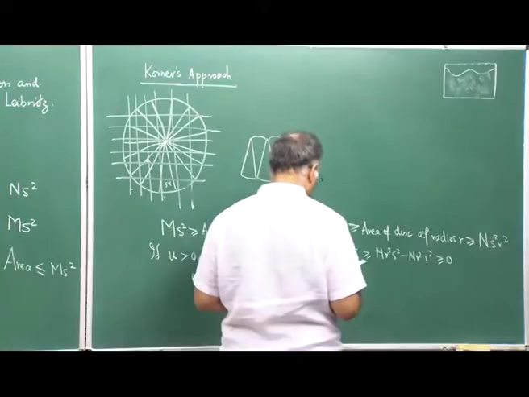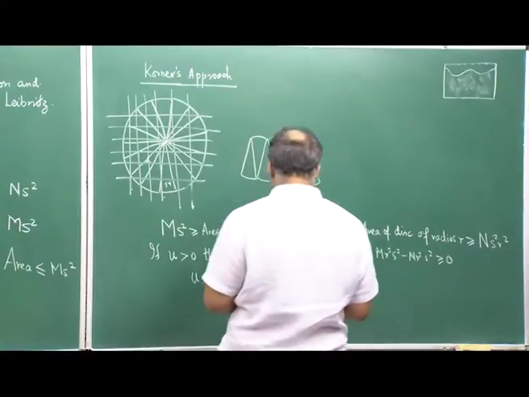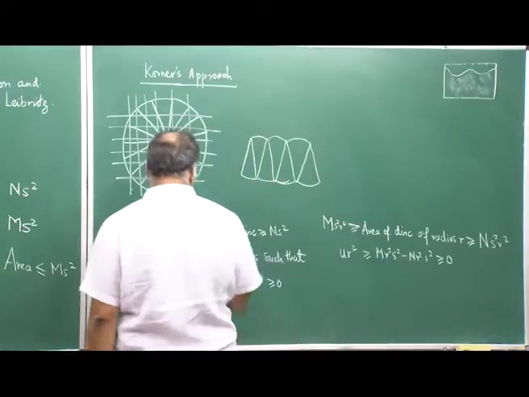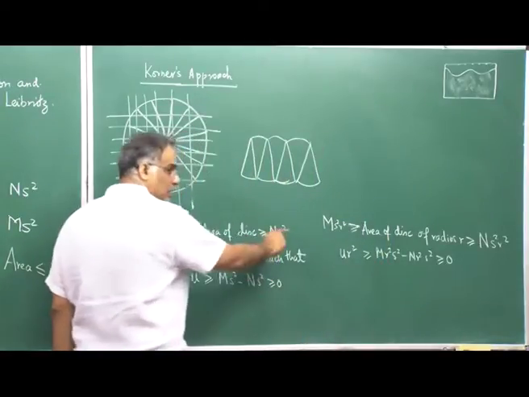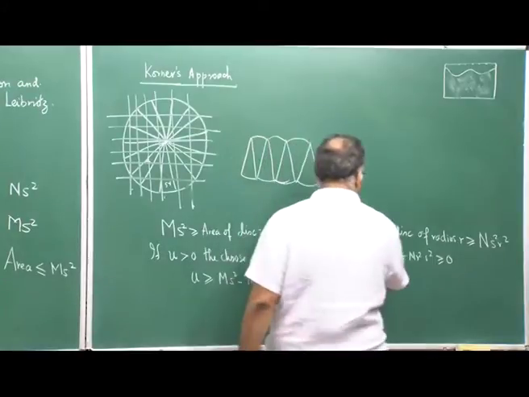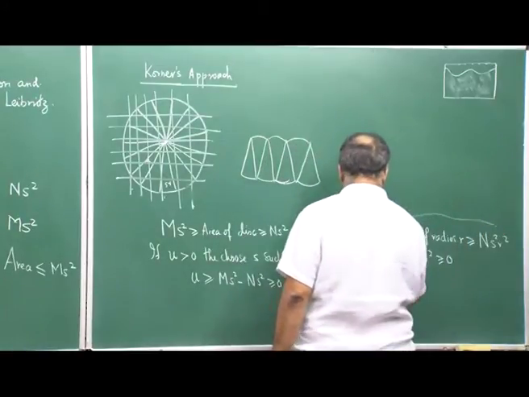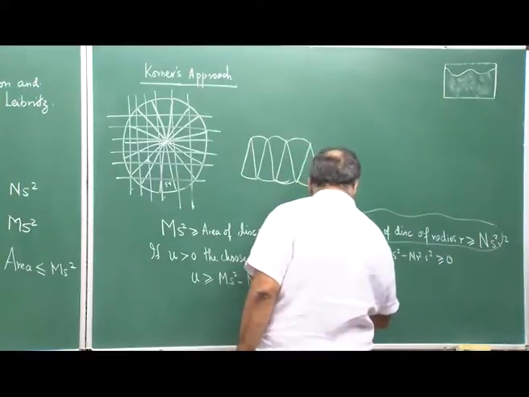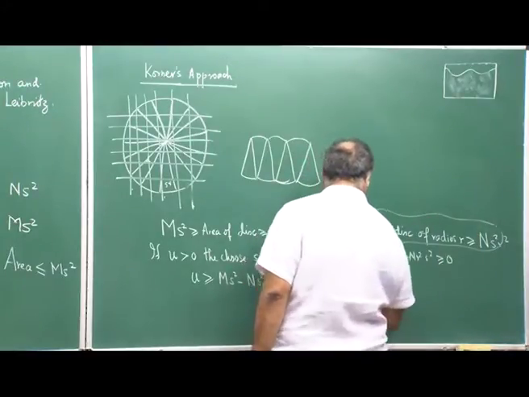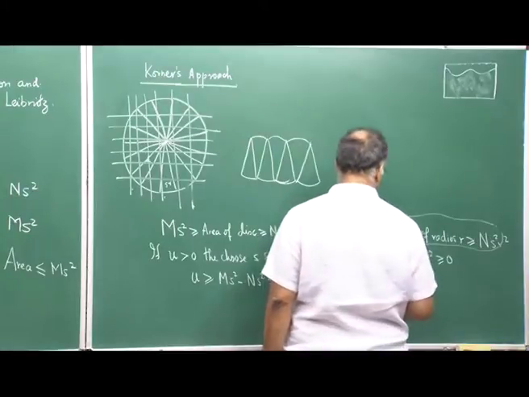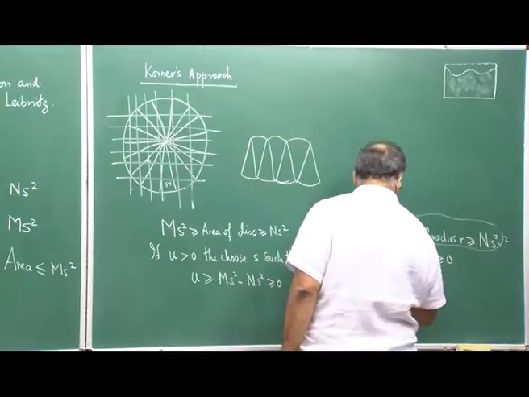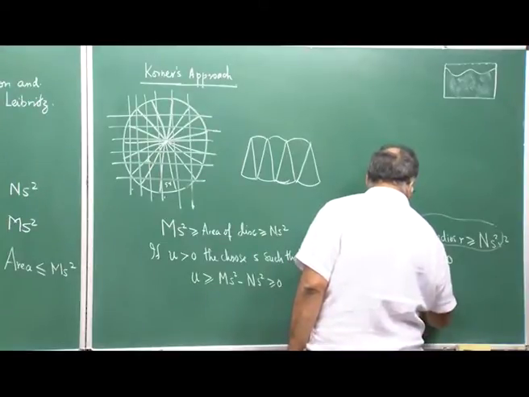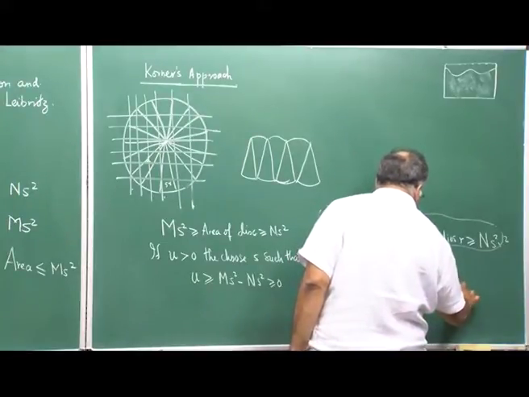So what have you done? The area of the disc of radius R, basically I multiplied everything by R. So this line can now be written as M S square R square is bigger than R squared times the area of the disc of radius 1.